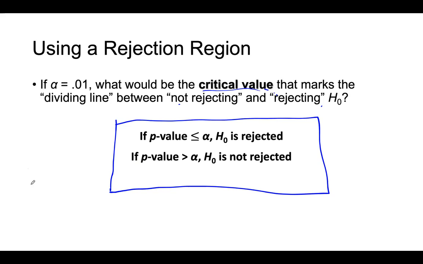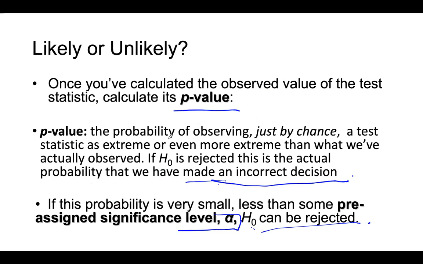So we reject that null hypothesis in favor of that alternative hypothesis, because the evidence here is so small. Let's go back.